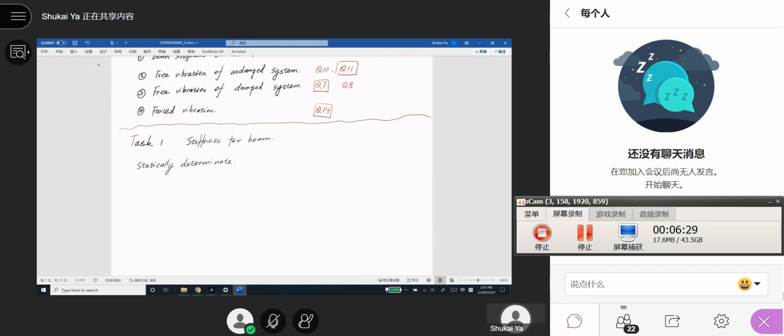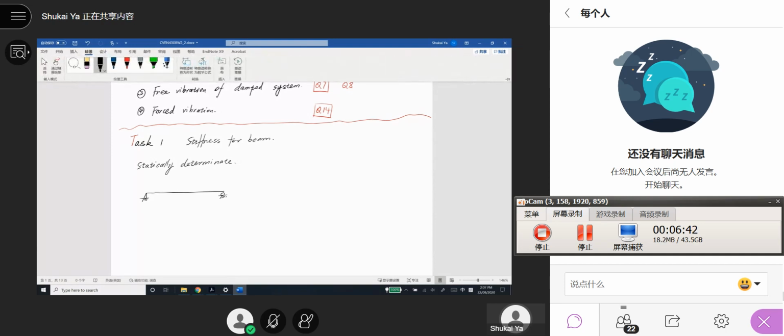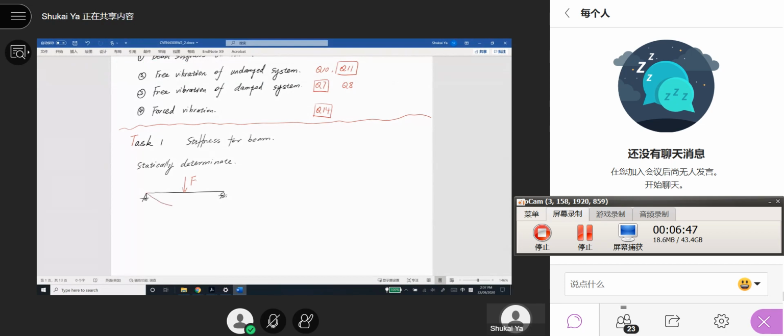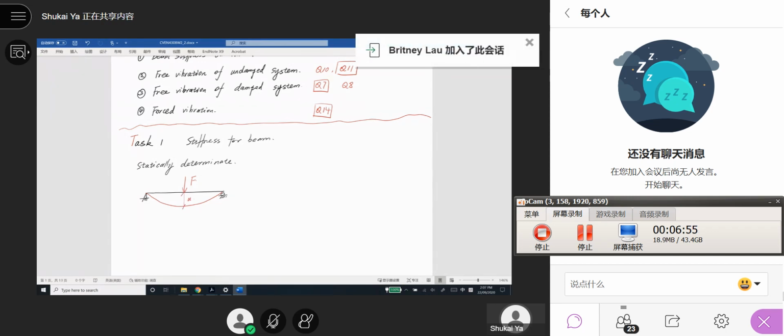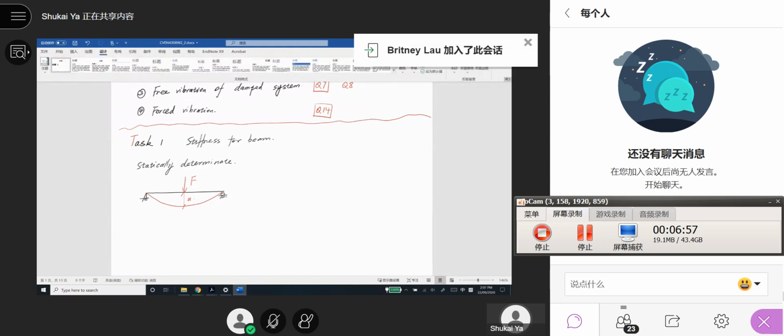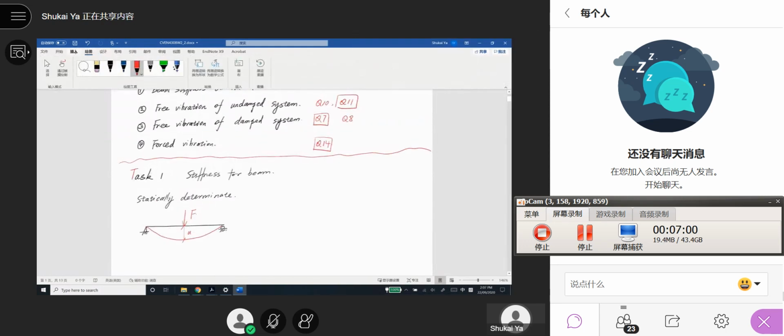Let's assume there's one simply supported beam, and we want to find the relationship between F and U. The relationship between F and U should be F equals KU.